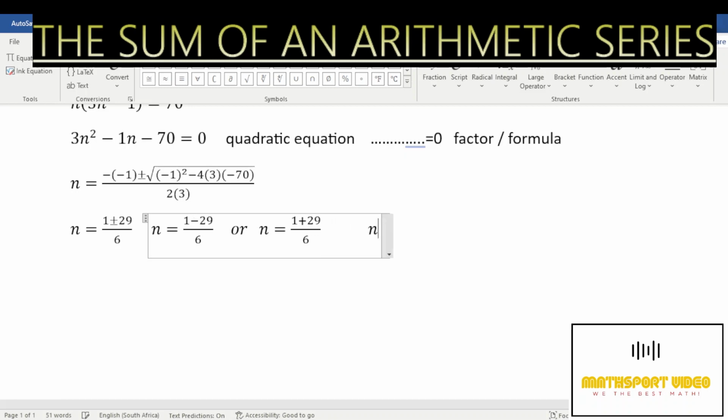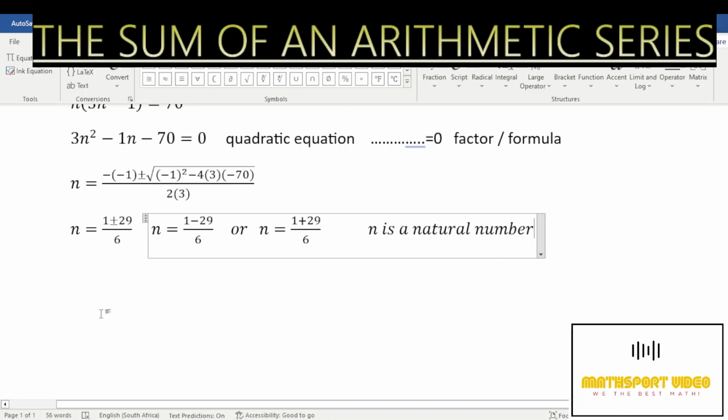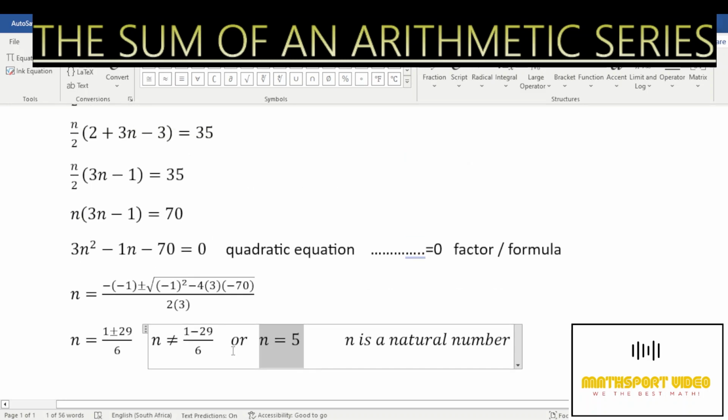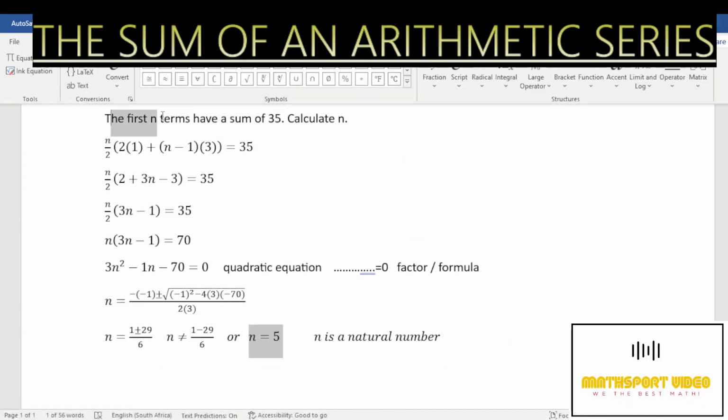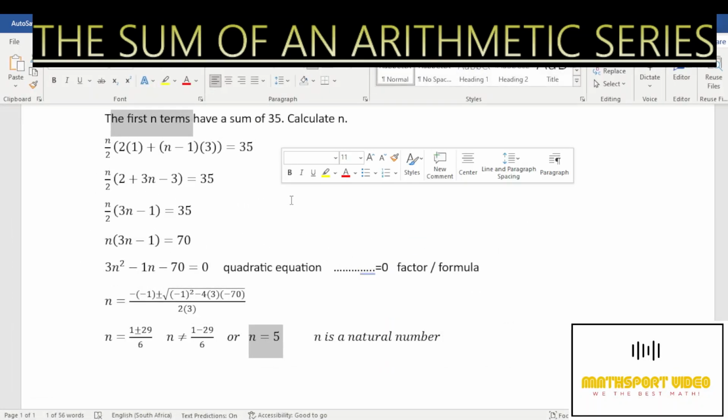Now you must remember n is a natural number. Now, this answer will not give us a natural number, so I'm going to say that n cannot equal that, okay? But we can continue here. Now, 1 plus 29 is 30, and then 30 divided by 6 is 5. So that is telling us what? It's telling us that the first 5 terms have a sum of 35.